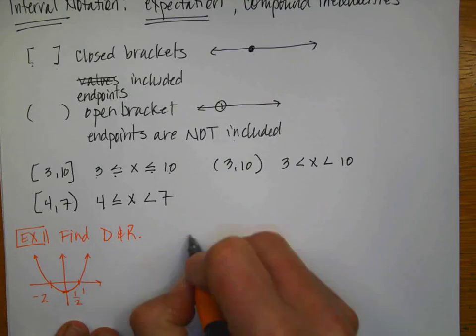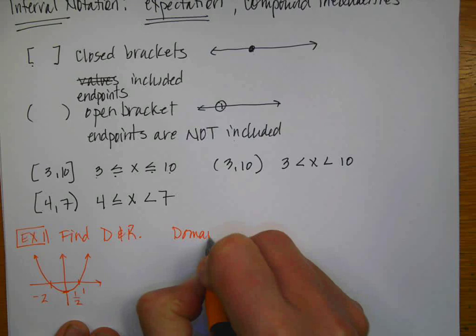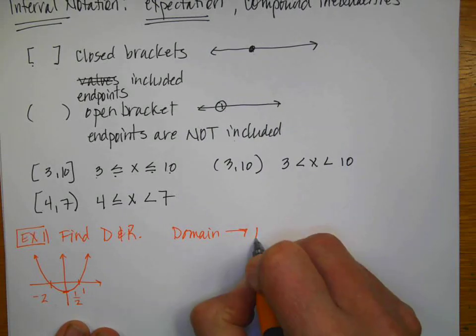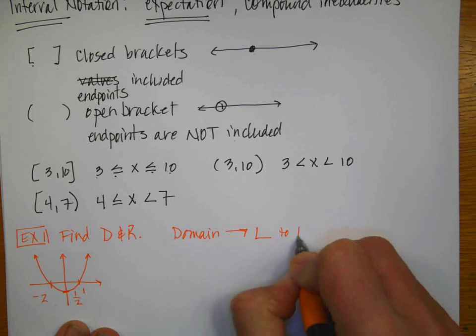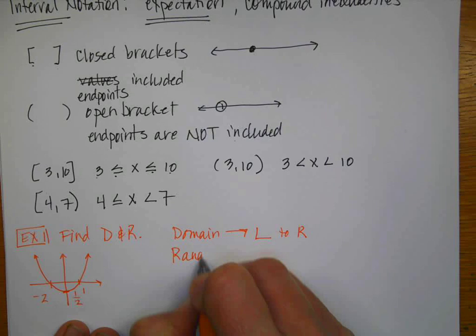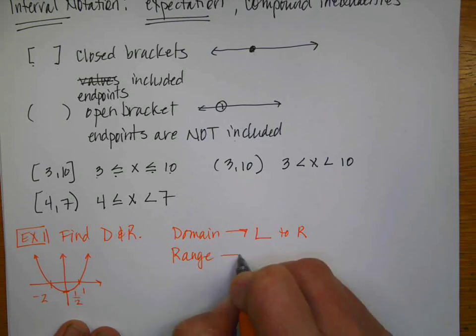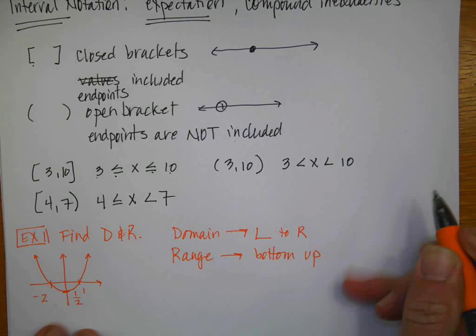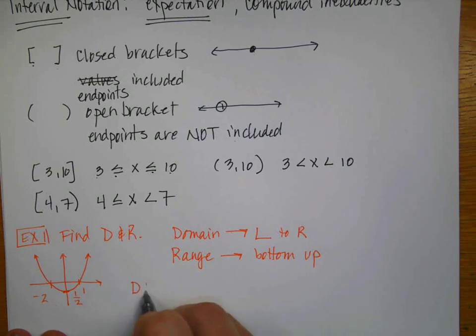Right? So if I talk about domain, domain is read just like you read. It's read from left to right. Okay? And then range is the odd duck. Range is read from the bottom up. Okay? So let's start with domain.